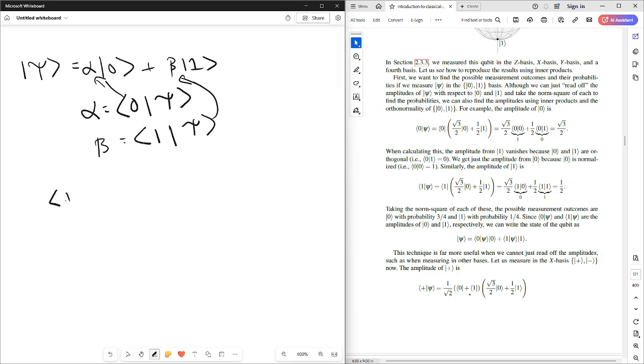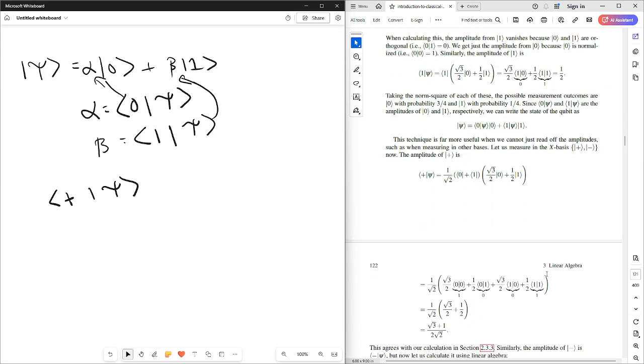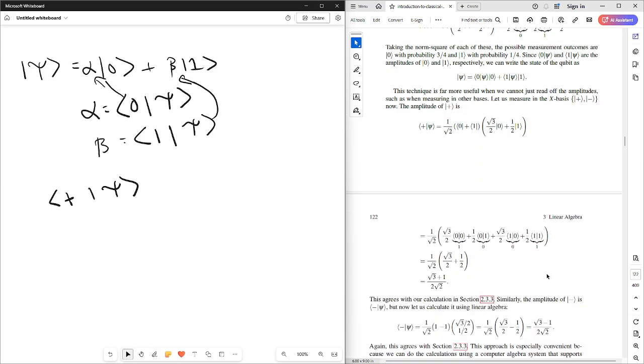of plus, we wind up with the inner product... for some reason I don't have this in my notes.